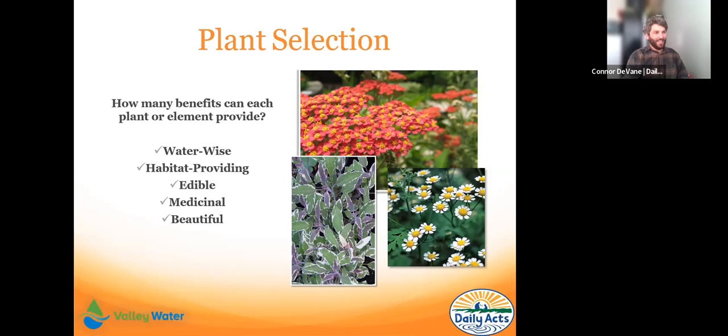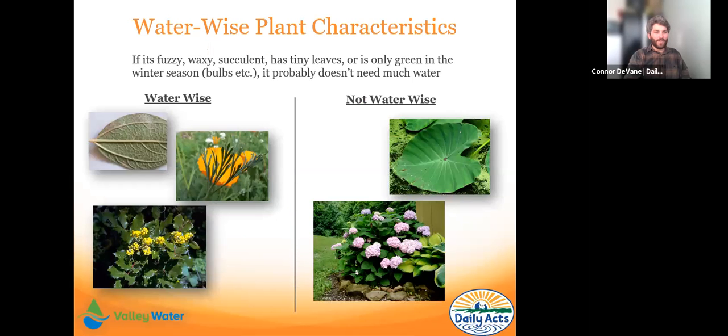So again, at least water-wise and one other, but we're striving always for more and more benefits, both to humans and to the ecosystem. There are a lot of really great tools online for figuring out whether a plant is water-wise, and I'll touch on one of those in a moment.